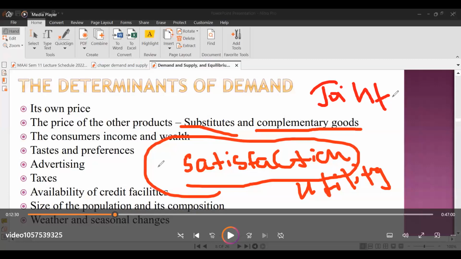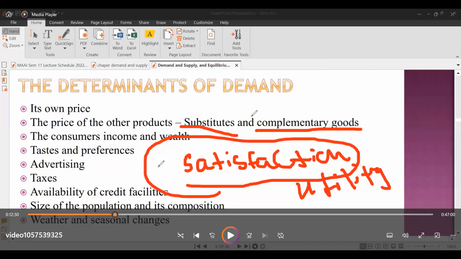Those are the other related goods, the prices of substitute goods and the prices of complementary goods. Other than this, we can consider the third determinant, that is the consumer income and wealth.